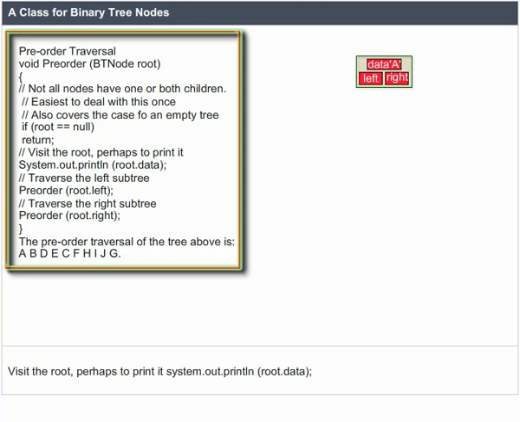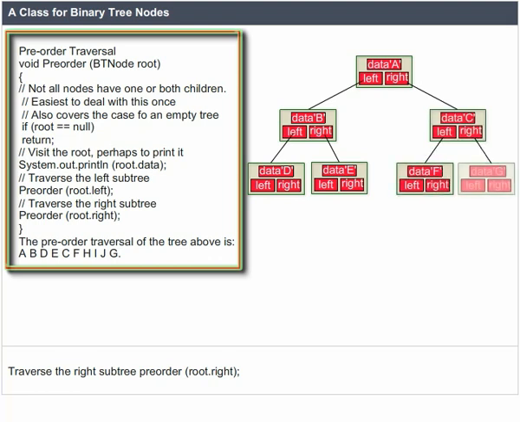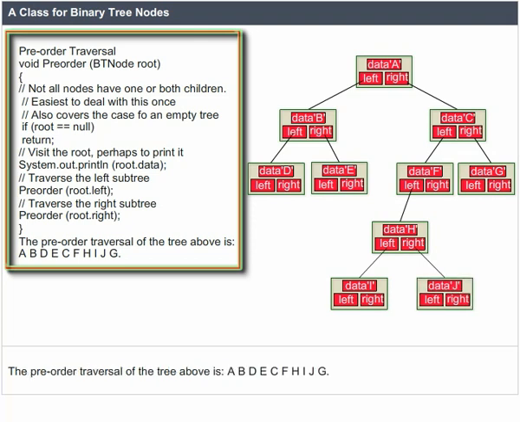Traverse the left subtree preorder(root.left). Traverse the right subtree preorder(root.right). The preorder traversal of the tree above is A, B, D, E, C, F, H, I, J, G.